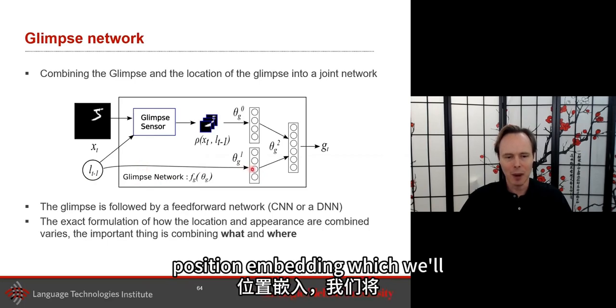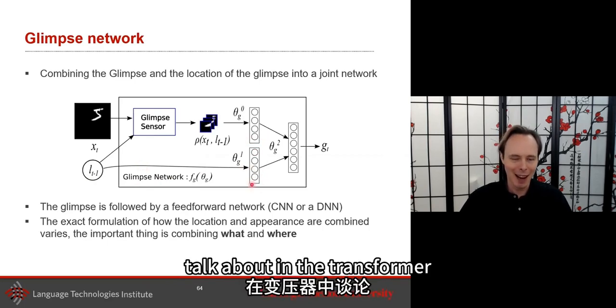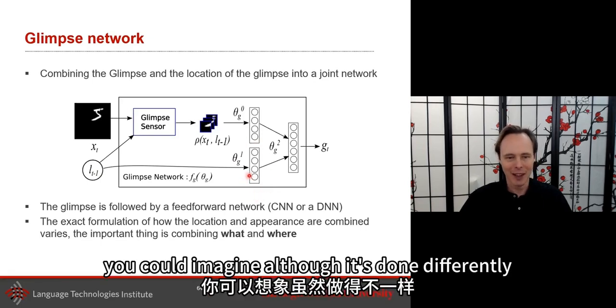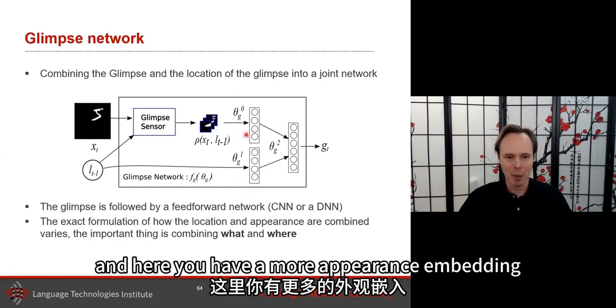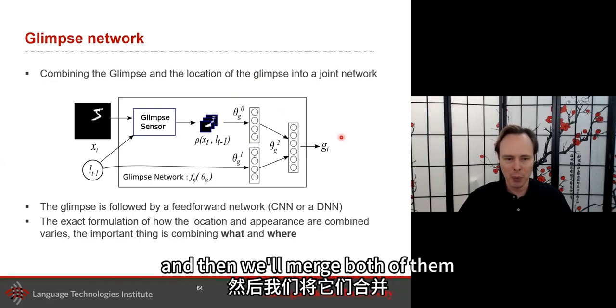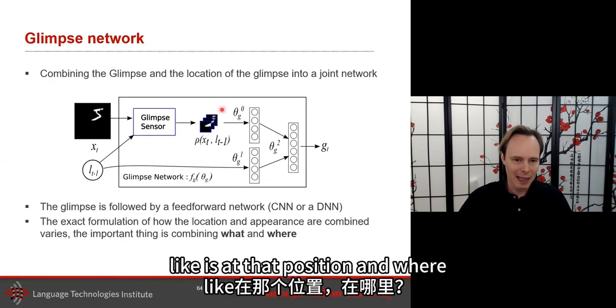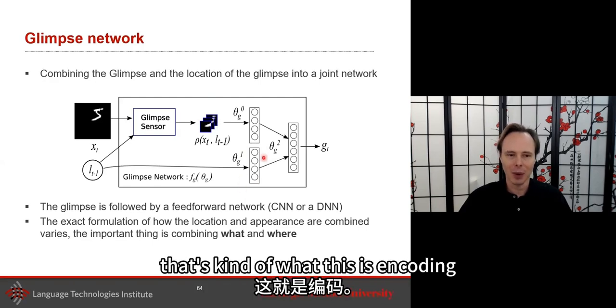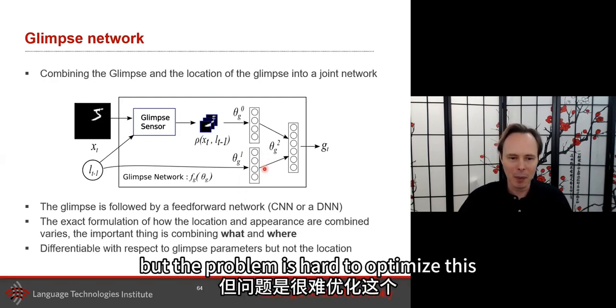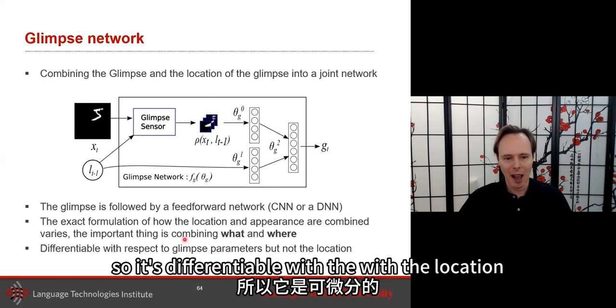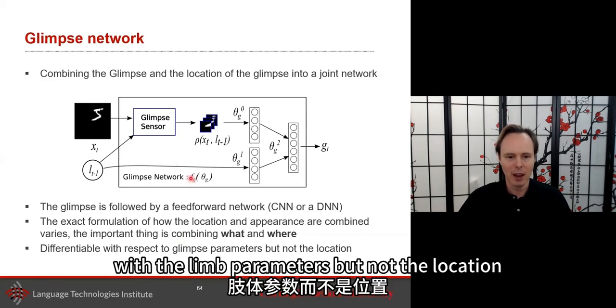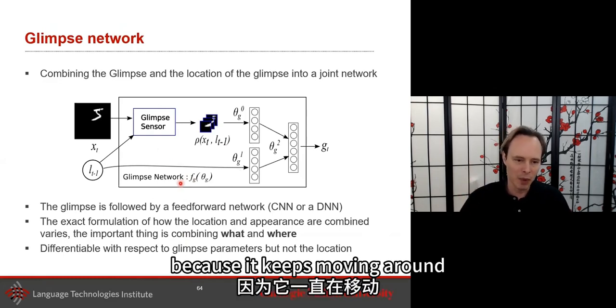So you kind of have a position embedding, which we'll talk about in the transformer, although it's done differently. And here you have more of an appearance embedding, and then we'll merge both of them. So you could see it as encoding what is at that position, and where. But the problem is how to optimize this. It's differentiable with respect to the glimpse parameters, but not the location, because it keeps moving around.